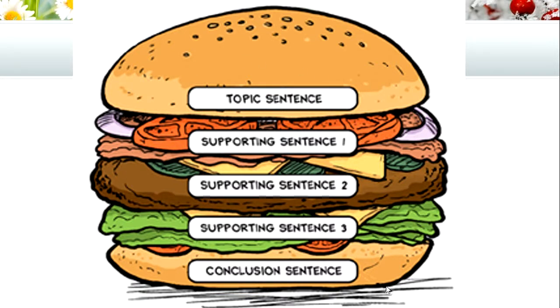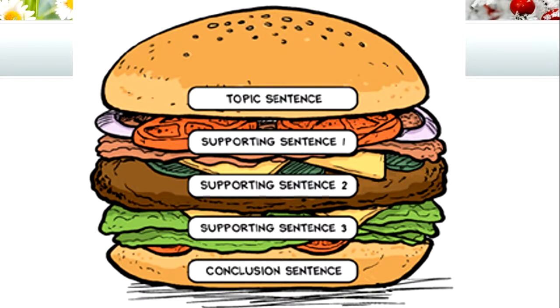So just like the bread in a sandwich or hamburger, keeping all in between, all the vegetables and all the cheese and the meat together tidily, topic sentence and conclusion sentence keep the whole paragraph together.